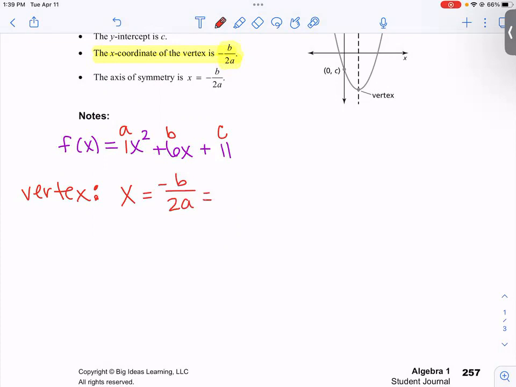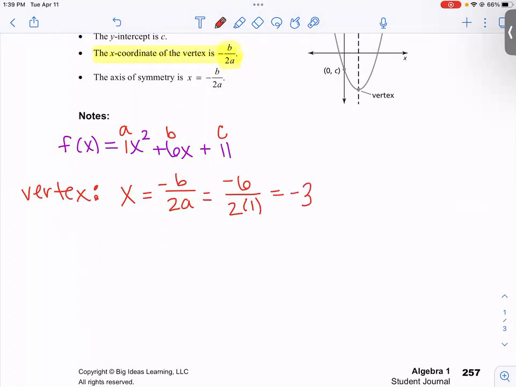Okay, so negative b over 2, and our A is 1. Well, what's -6 divided by 2 times 1? -3. Nirvan, do you have a question?